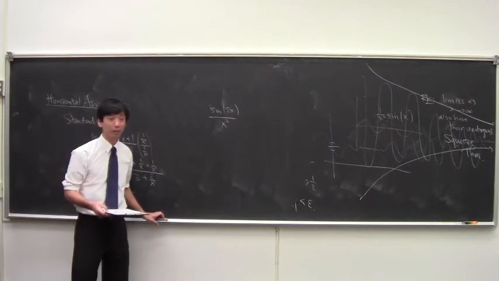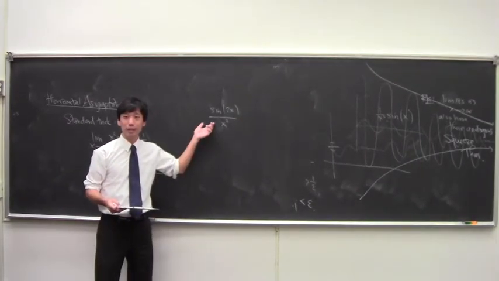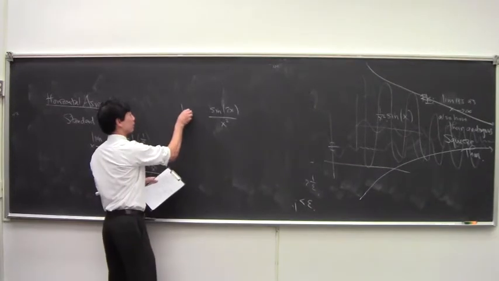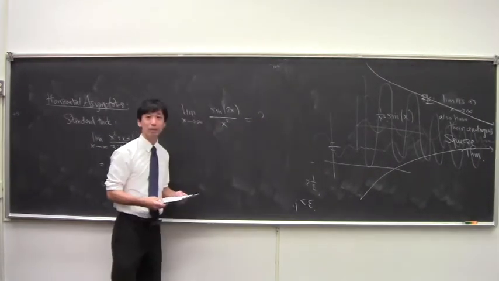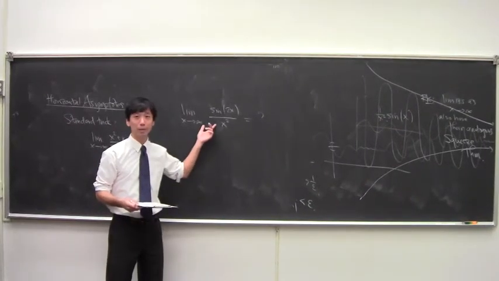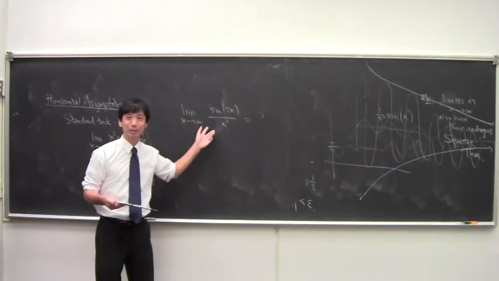I guess I've already told you what's going to happen. What's going to be the limit as x goes to infinity? Don't blurt it out, but what will be the limit? But yeah, it will be 0.